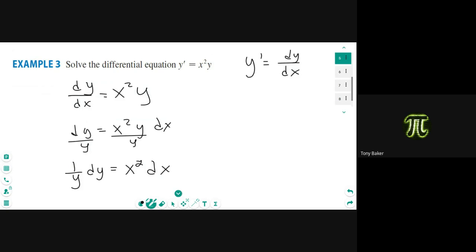Mm-hmm. All right, so I get ln of y equals 1/3 x to the third plus c.